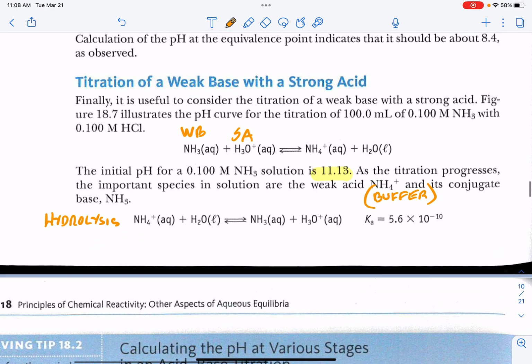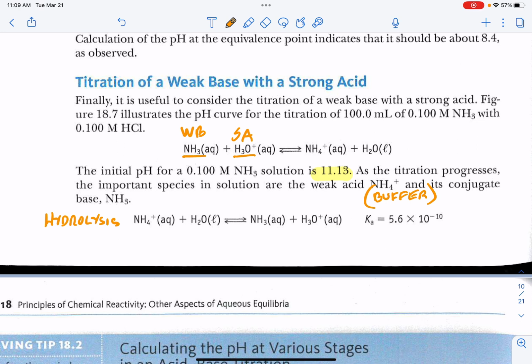So let's look at a titration of a weak base with a strong acid. So we'll use ammonia as the weak base, and my strong acid could be hydrochloric or sulfuric, which is diprotic, but let's just say HSO4 minus is what it turns into, or nitric acid, or iodic or hydrobromic.